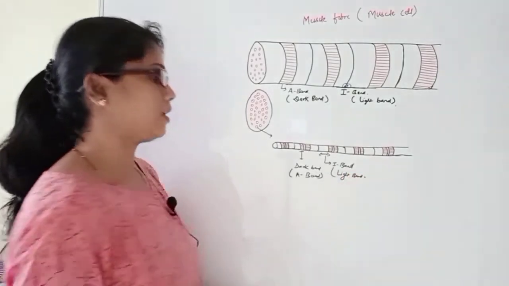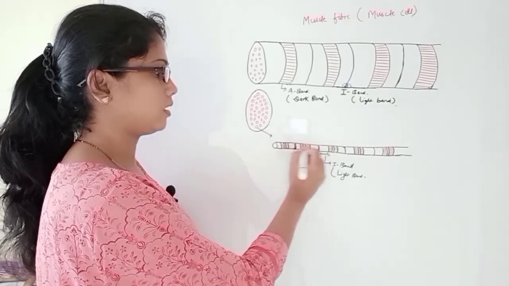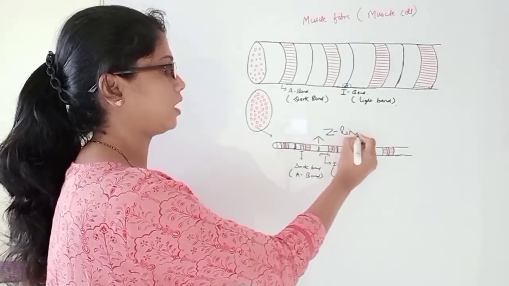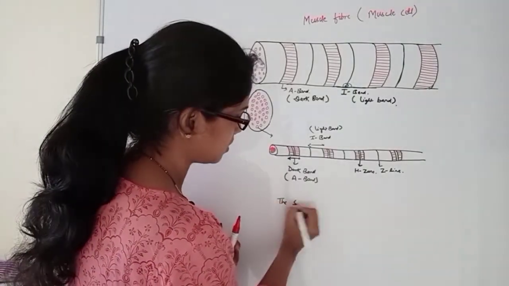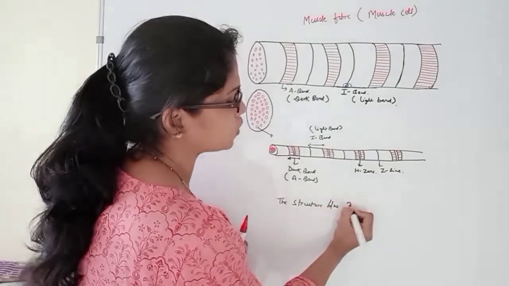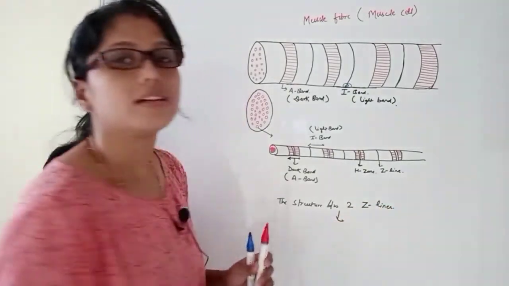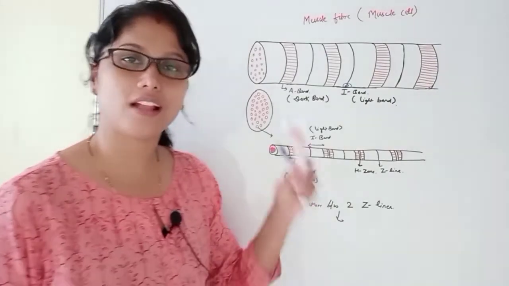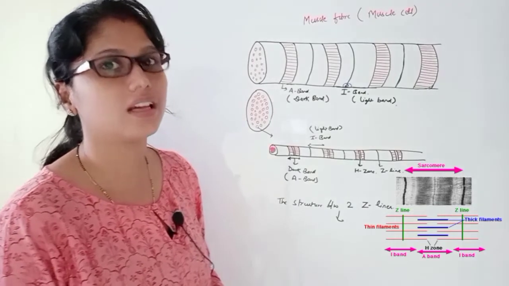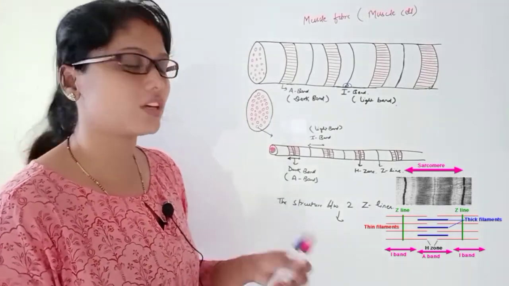Can you see this thin line here? This is called the Z line. The structure between two Z lines is called the sarcomere, which we had discussed in our last video. I had told you I'd discuss the detailed structure of the sarcomere in the next video, so we are here.